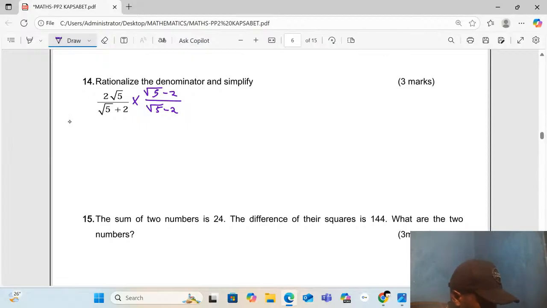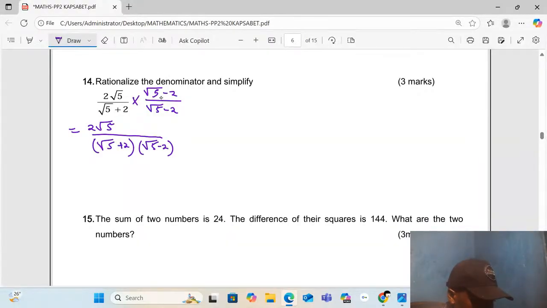Now we multiply the two so that we shall have 2 root 5. The denominator will be root 5 plus 2, we multiply by root 5 minus 2.